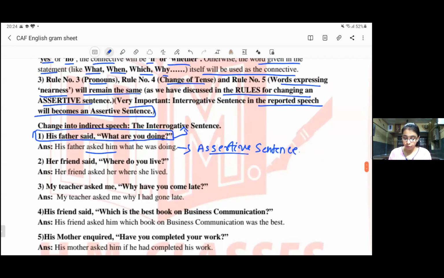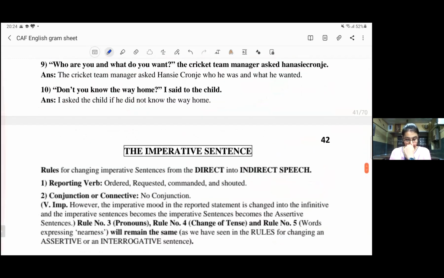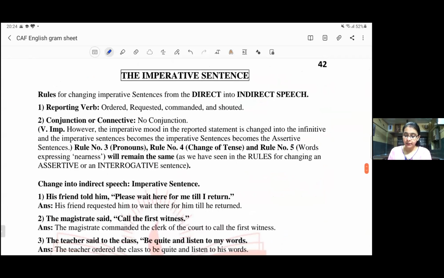Now we are going to imperative sentences. Imperative sentence from direct to indirect. Reporting verbs, you can see here: ordered, requested, commanded, and shouted. Reporting verb, फिर वो exclamatory, imperative, assertive, you have to remember it, because the reporting verb is very important to convert sentences from one to another.